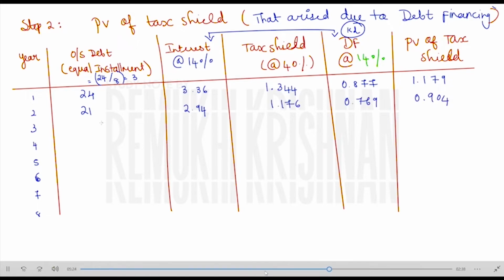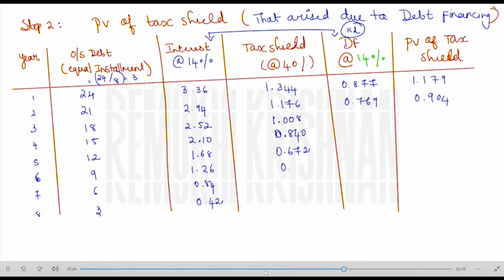I am doing the same step for 8 years. So 24 minus 3 is 21, 21 minus 3 is 18, 18 minus 3 is 15. At last, at the end of the tenure, that is at the 8th year, I have 3 lakh as outstanding. That's it, right?